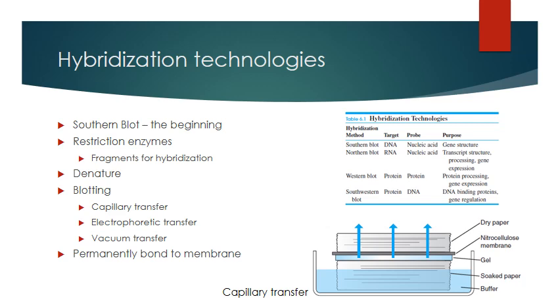The very beginning of hybridization technologies was with the Southern blot, named for Edwin Southern, who was the first to report the procedure. In the Southern blot, DNA is isolated and cut with restriction enzymes, then the fragments are separated by gel electrophoresis, depurinated and denatured, and transferred to a solid support, because agar doesn't really stand up to time, but nitrocellulose does.